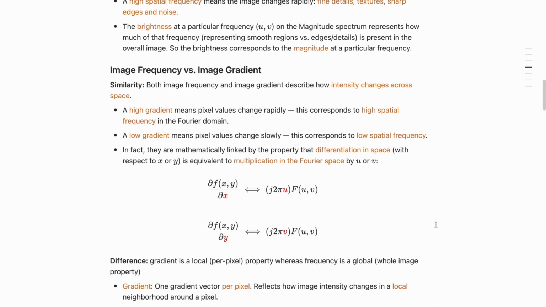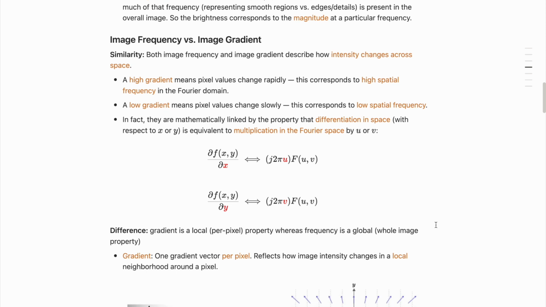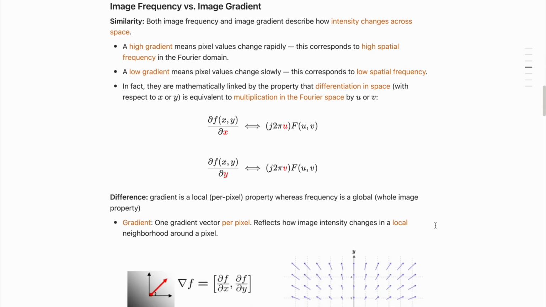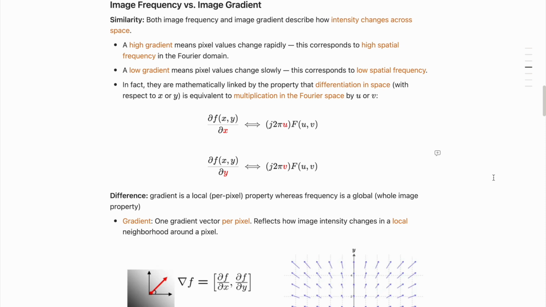So this sounds a whole lot like image gradient, the transition in intensity from one pixel to the other. So what's the difference between image frequency and image gradient? They both represent changes of intensity across space. A high gradient means that the pixel intensity value is changing rapidly, which corresponds to a high spatial frequency.